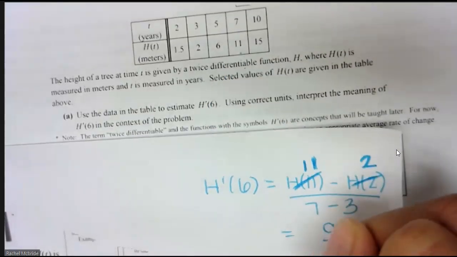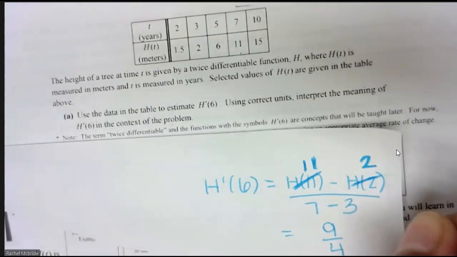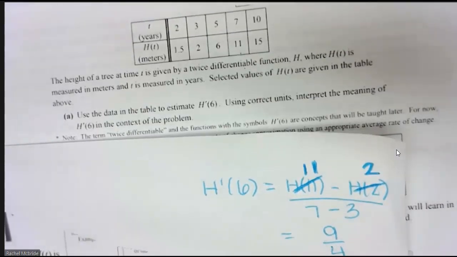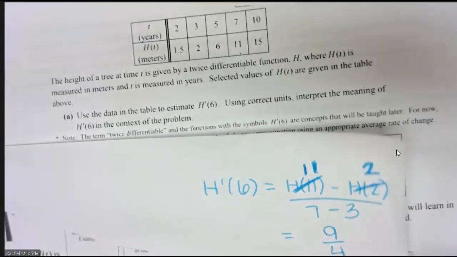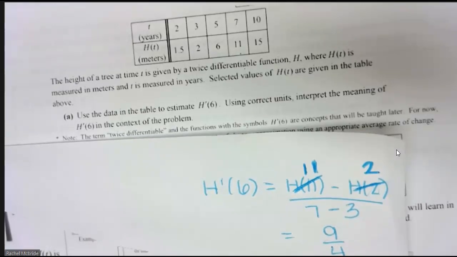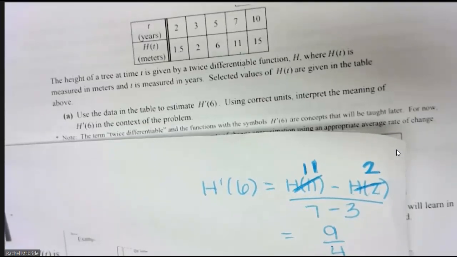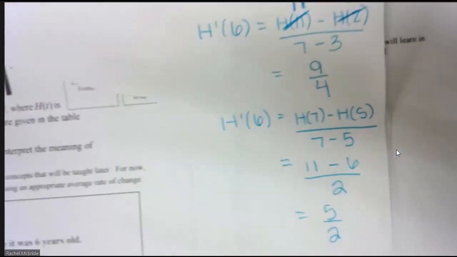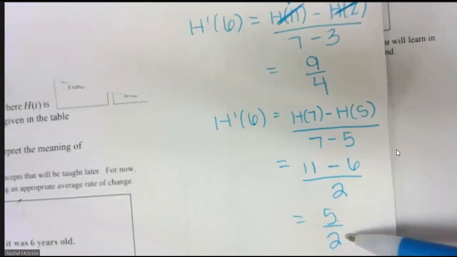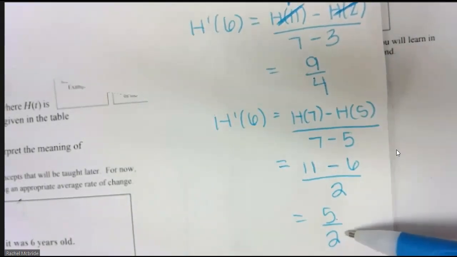So we'll do h of 7 minus h of 5 over 7 minus 5. Now we get 5 over 2, and you can see going from 9/4 to 5 over 2 this is getting a little bit quicker.